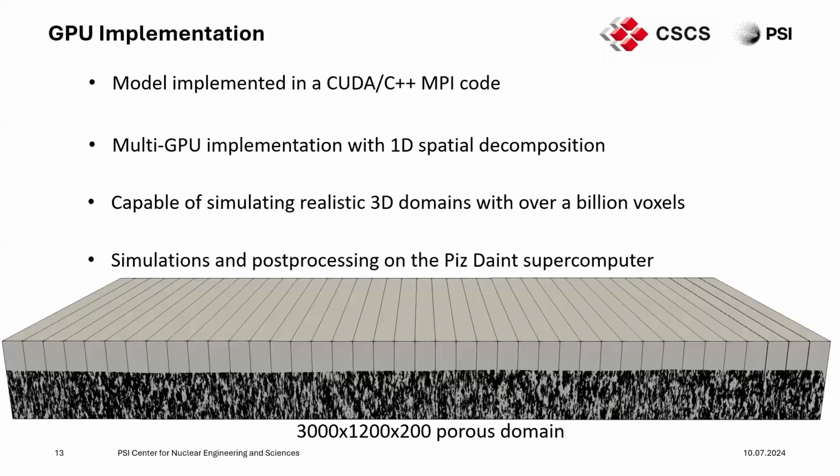This is implemented in a CUDA C++ MPI code with a multi-GPU implementation with a 1D spatial decomposition, meaning that this is executed on 40 GPUs, and each of the GPUs is communicating with its two neighbors. We've been able to run the simulations on the Piz Daint supercomputer at the Swiss National Supercomputing Center.